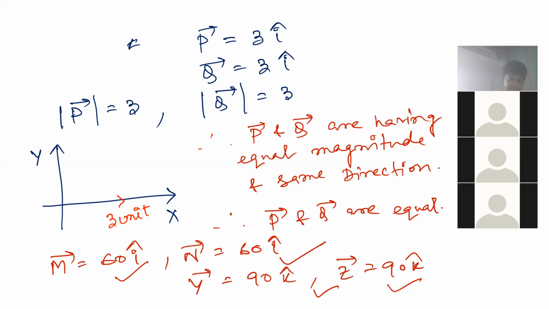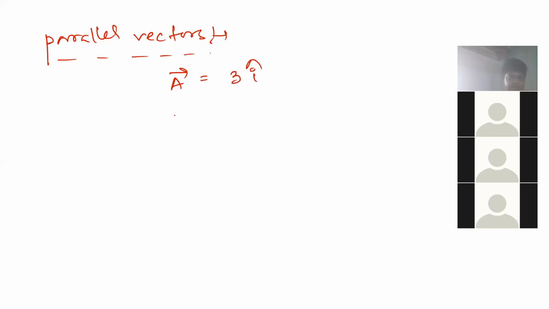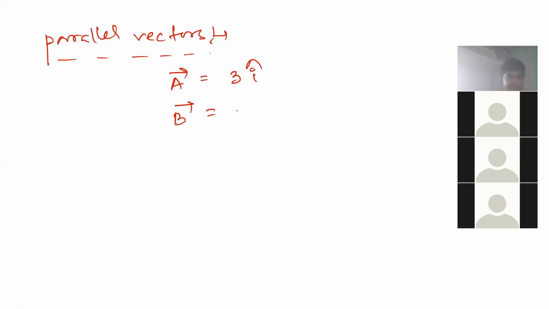Now we'll study what parallel vectors are. Vectors are said to be parallel when, suppose two vectors are taken this way: a vector equals, for example, 3 i cap, and b vector is 6 i cap.